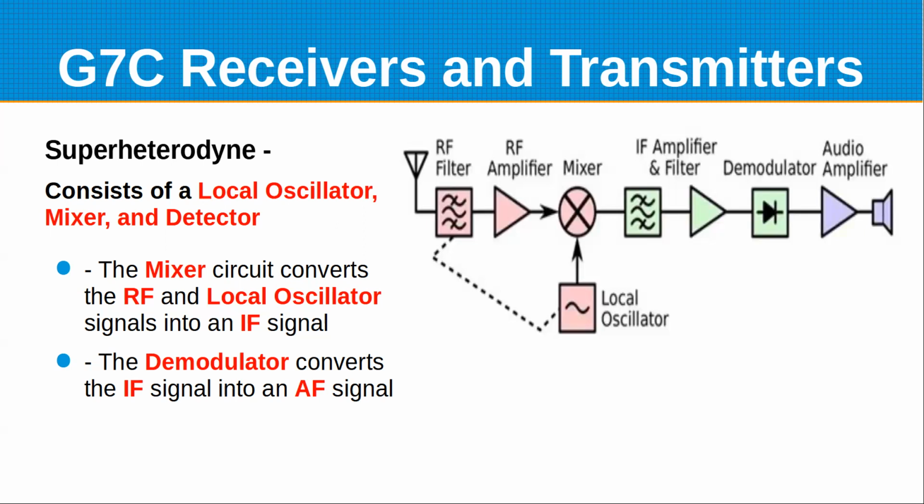And then at the end, you're going to demodulate it, or product detect it, or discriminate it, depending on what mode it's operating in. And they still use a lot of that in their higher end stuff. Even when we get to SDR radios, the blocks shown are basically the same.